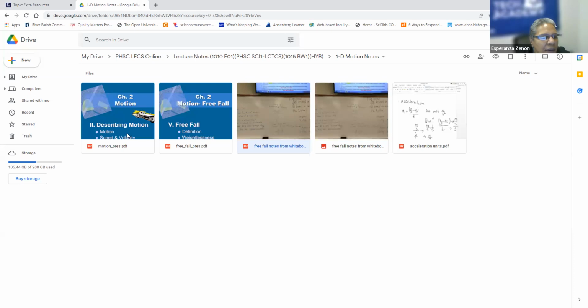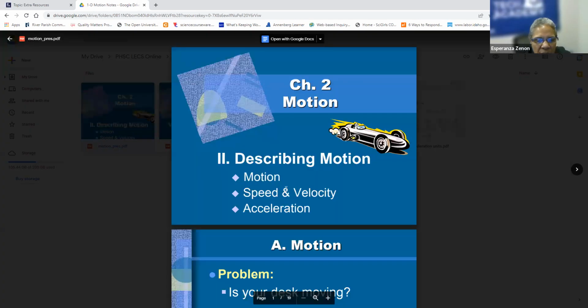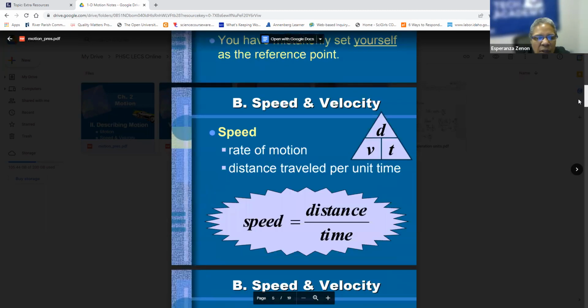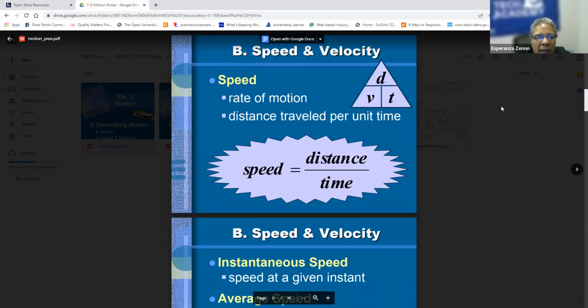This packet is very nice, this first one, because it goes into the definitions. If you ever want to look at the definitions, it goes into that whole thing of explaining speed. Notice the nice pyramid that we use for distance, speed, and time.